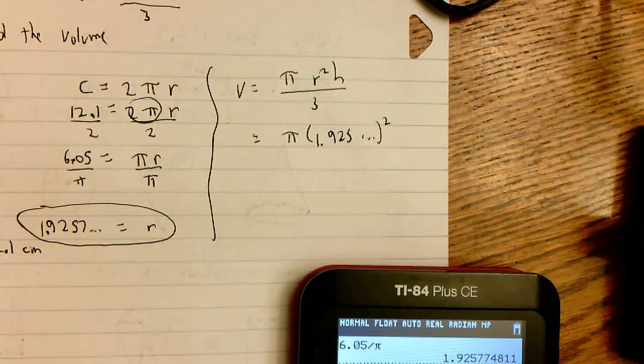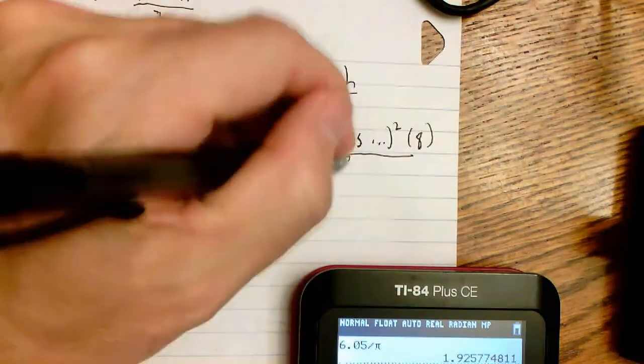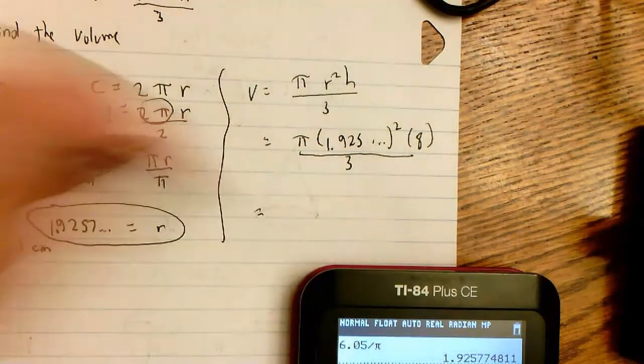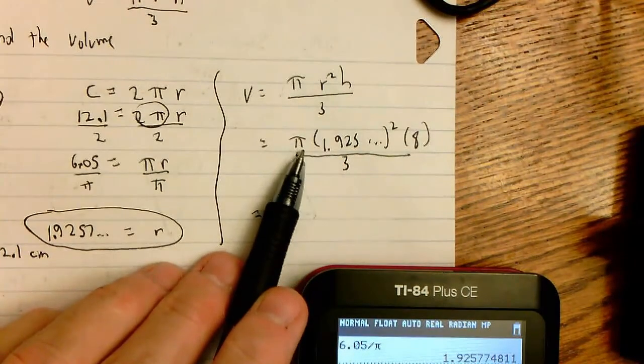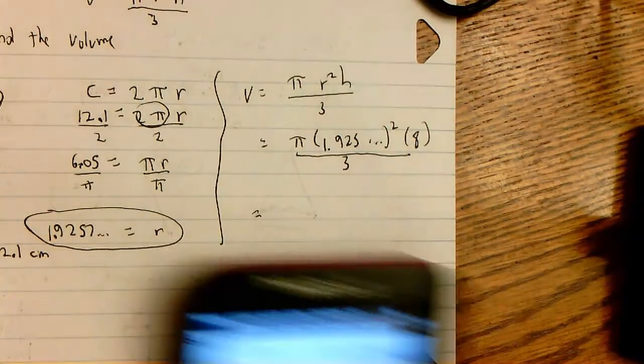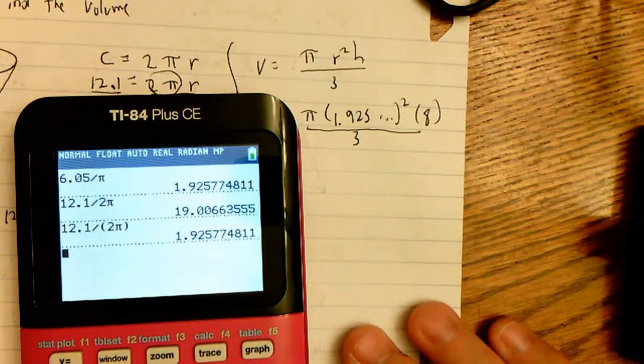That's the radius squared times the height, which is 8, all over 3. So I would like you to write down the formula like that when you do this, but you're going to do it all on your calculator. So your calculator will do this as well as mine.